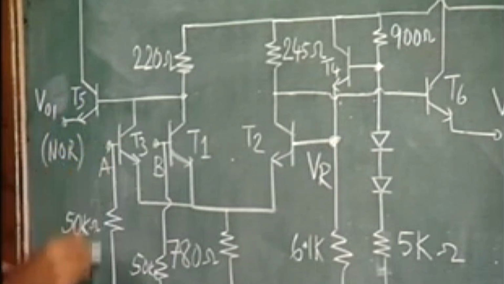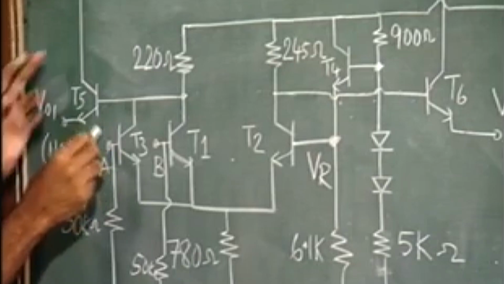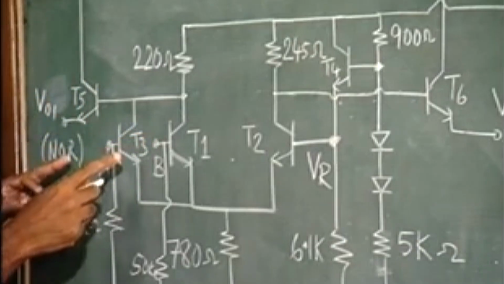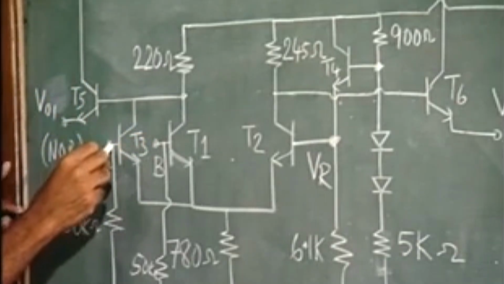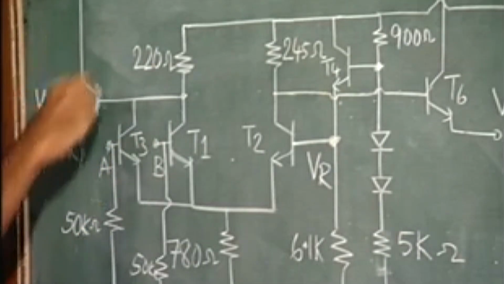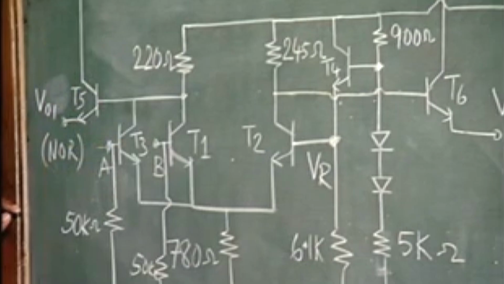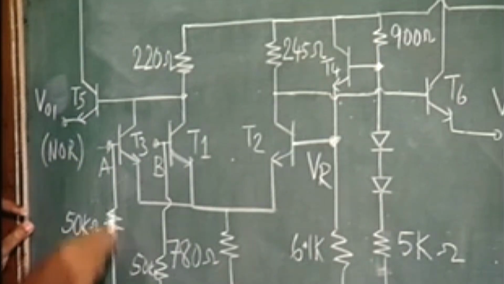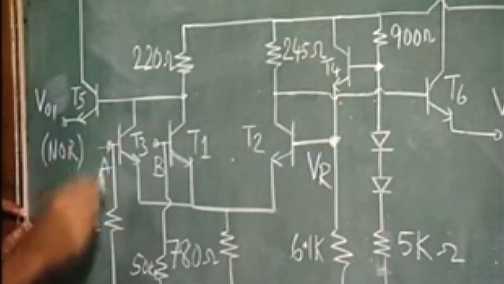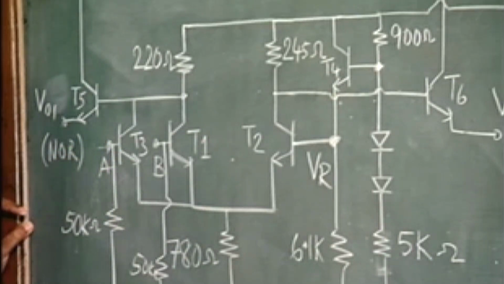If you are feeding the output of a similar gate to the input of this gate, the emitter of that transistor will come here, so this resistance acts as the emitter follower resistance. Why you have a resistance at the input is, one reason, that the base is connected to the lower potential.